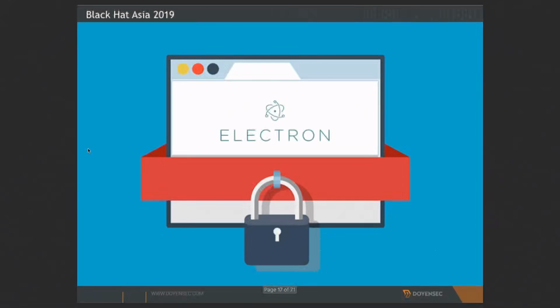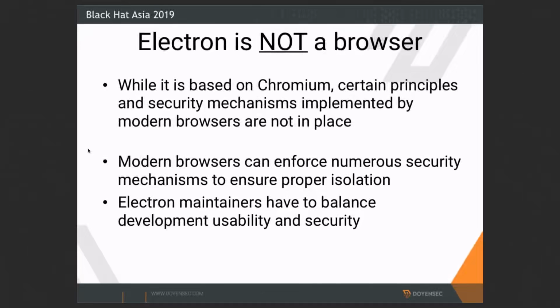Let's now talk about the security model. You would expect Electron, being based on Chromium, to be comparable to a browser, and in regards to the security model to also have the same security model. But that's actually not accurate, because it is important to remember Electron is not a browser. And even from a design perspective, what Electron is trying to achieve is giving flexibility to software engineers and developers to build something that can use native system notifications and native capabilities, which are obviously not possible in a full browser.